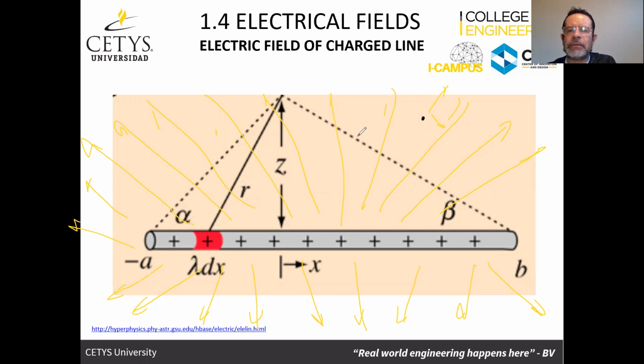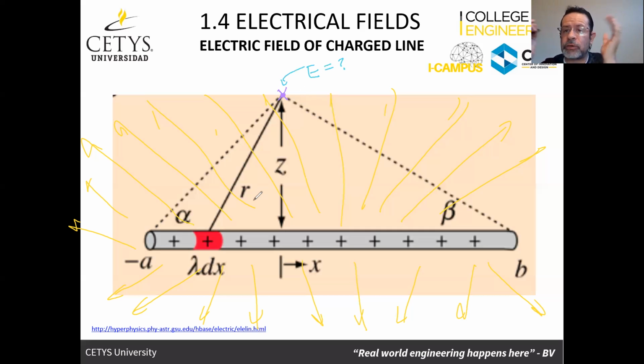But if it's a line, I would like to know, if I were to be located here in this point in space, what would the total electrical field be here in this point in space due to all of these lines that are going outwards? How are they going to interact in that point in space? And how can I represent the electrical field?